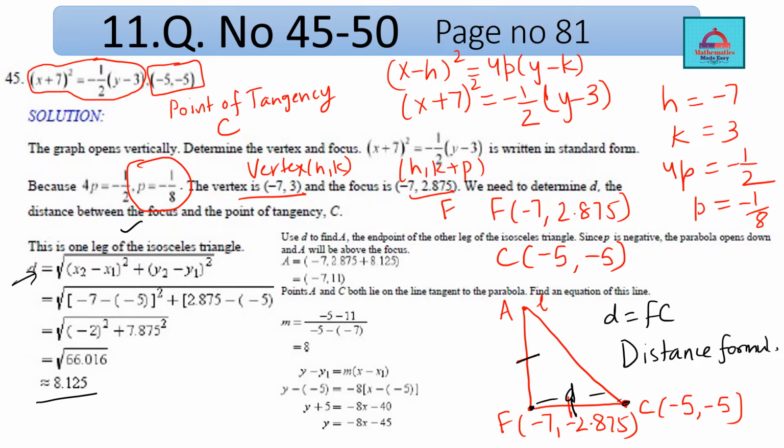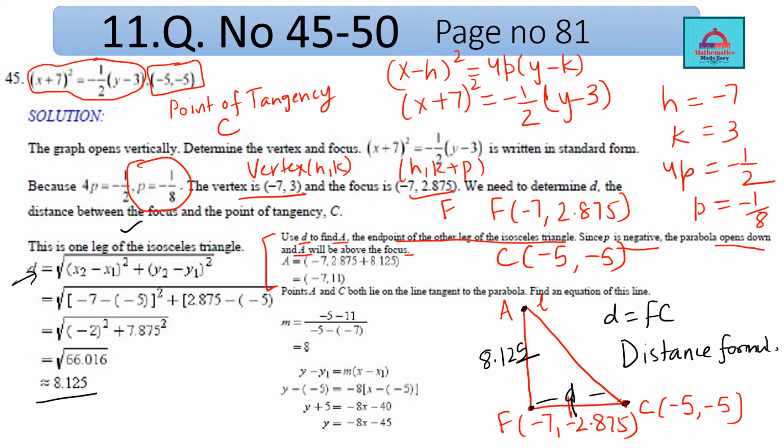Once you get this distance, you know this distance is also the same, 8.125, so you can calculate this point. Use D to find point A, which is the endpoint of the other leg of the isosceles triangle. Since p is negative, the parabola opens down and A will be above the focus.